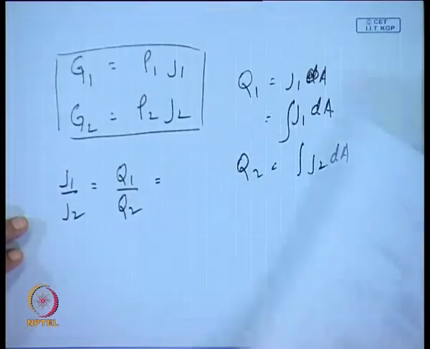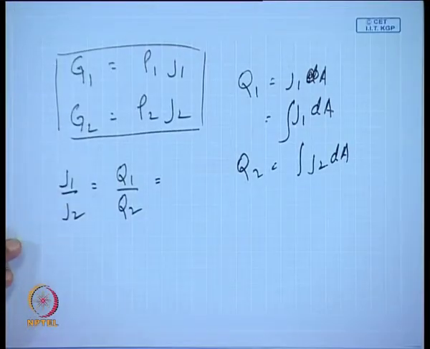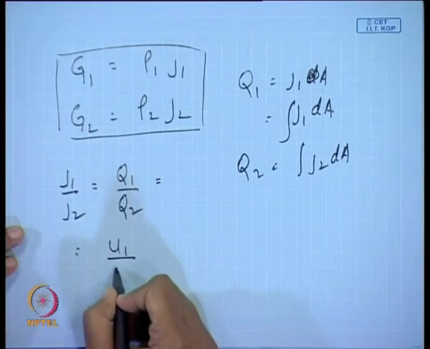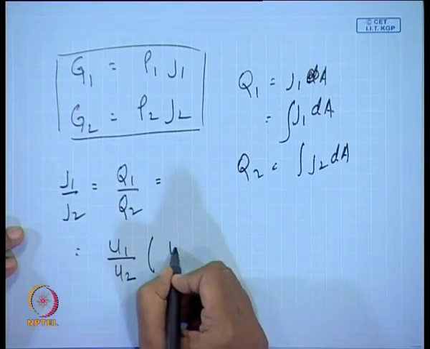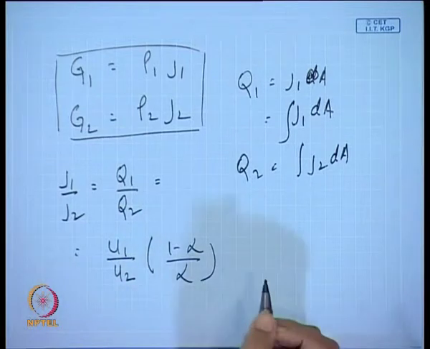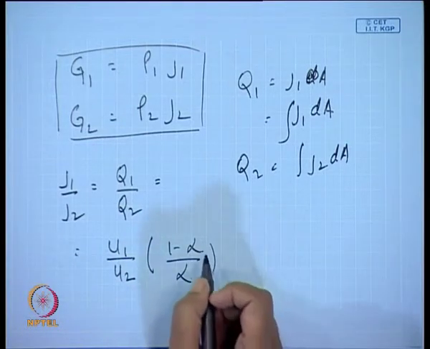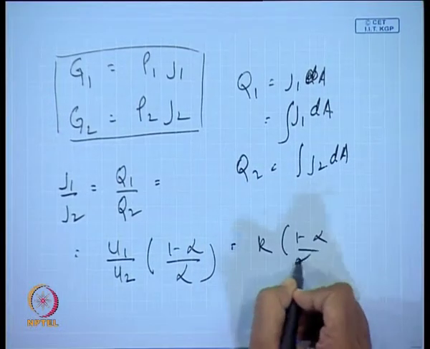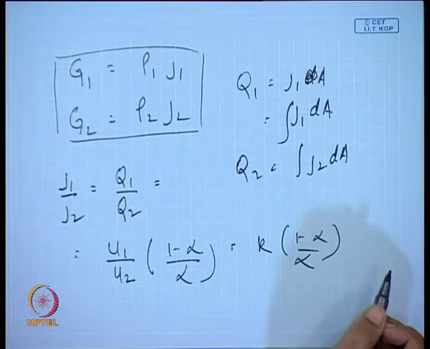If we substitute it, then we know that this is equal to u1 by u2 into 1 minus alpha by alpha, is it not? In other words, this is simply k into 1 minus alpha by alpha, where k is the slip ratio.